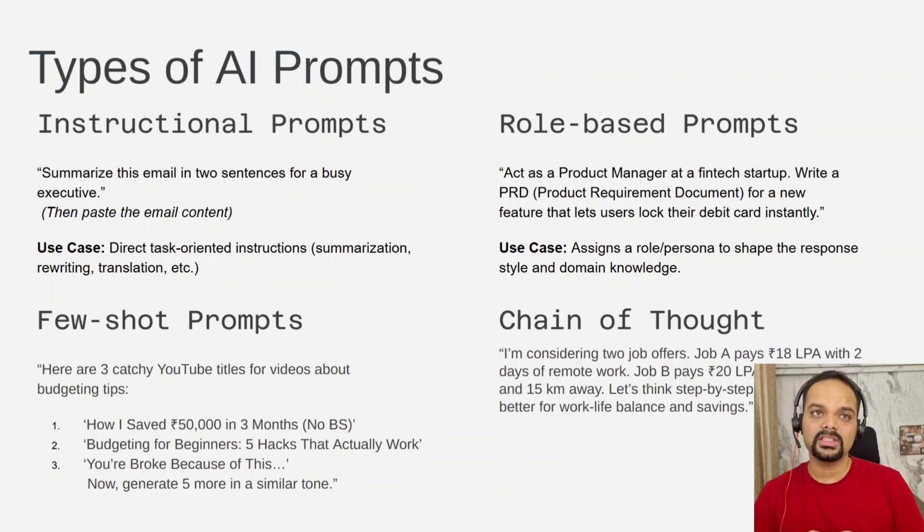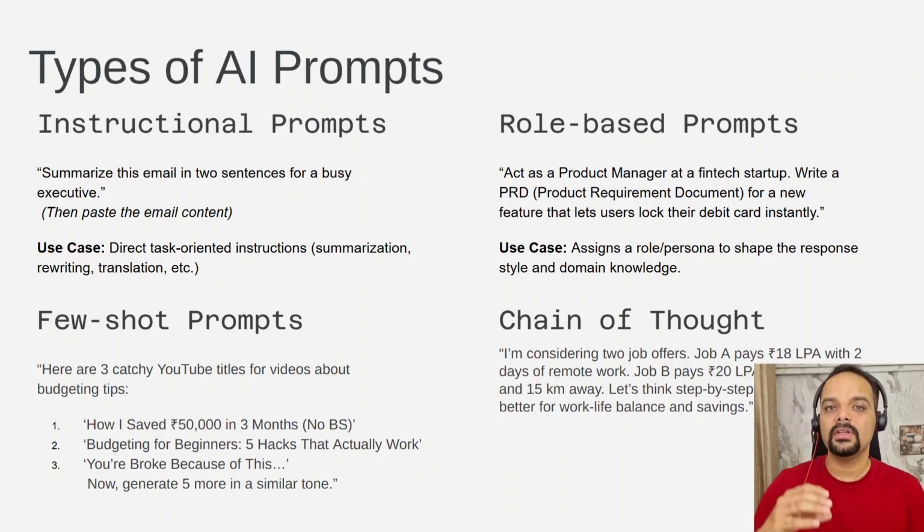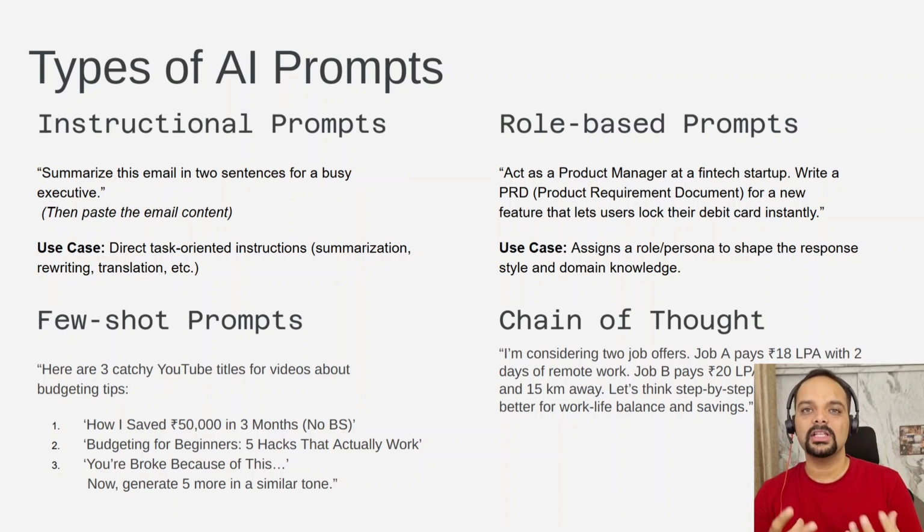Now generate five similar tone. In few-shot prompting, you give 3 to 4 examples of the tone or the structure that you want in your title or anything, and then ask Gemini or ChatGPT to generate similar output.